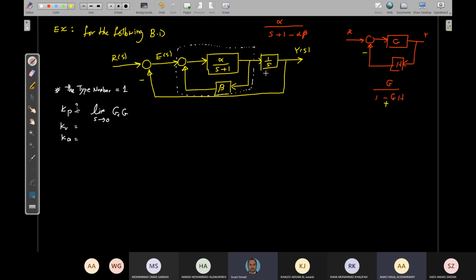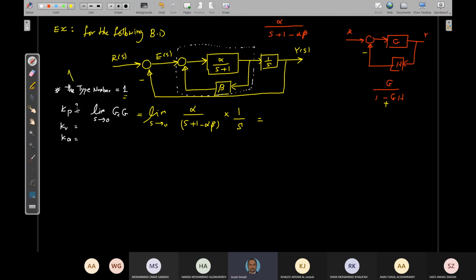So now this one, let's say GC can represent a certain transfer function. So I will multiply this one with that one. So simply here I will get the limit when s goes to 0 of alpha over s plus 1 minus alpha beta multiplied by 1 over s. By the way, I don't need to calculate this one. Do you know why? Because this type number is what? 1.